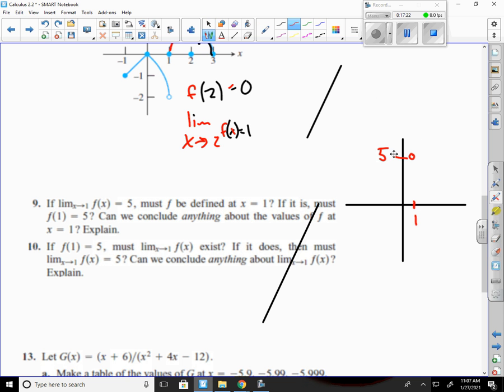So this point right here does exist, and it's at x equals 1 and y equals 5. But then I could have these approaching anywhere. So we can't say anything about the limit just because we know that it exists at 5.